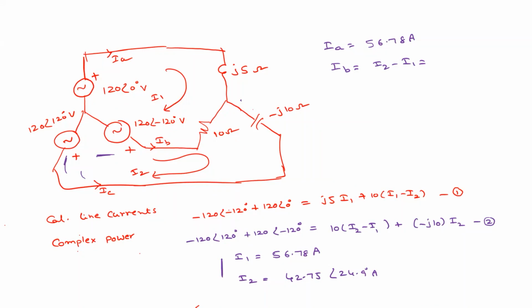Understood? IB is 25.46 at an angle of 135 degrees, 25.46 at an angle 135 amperes.